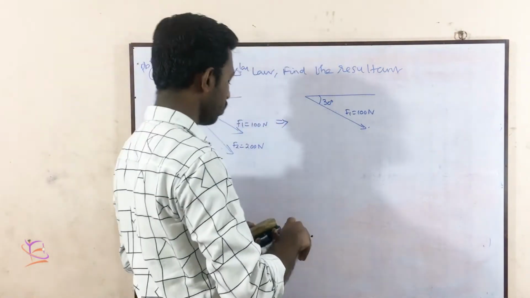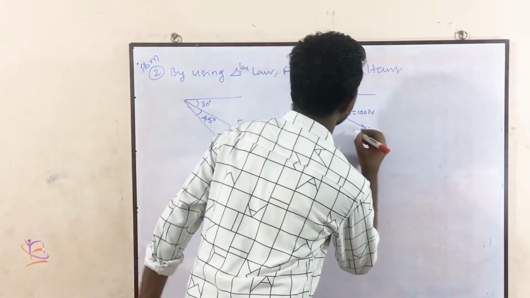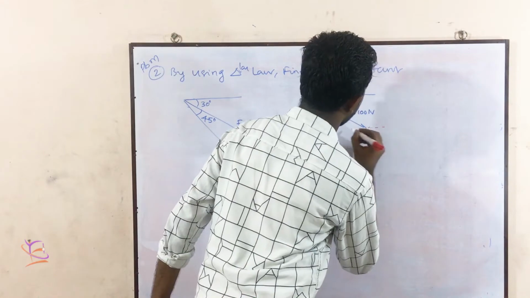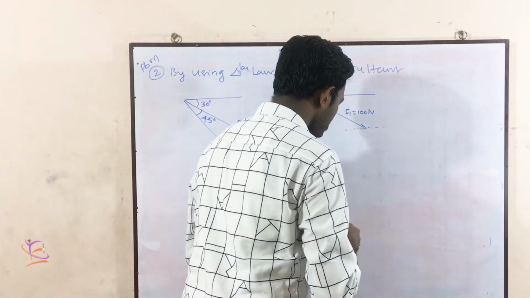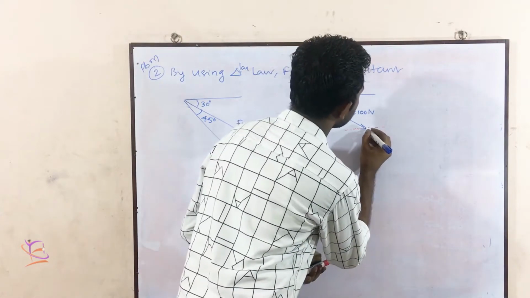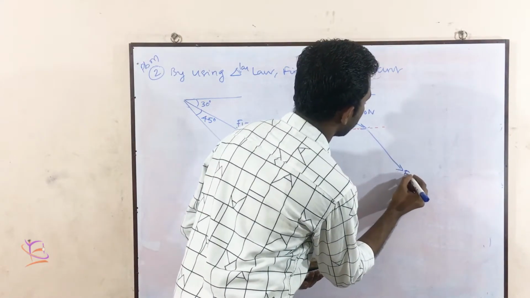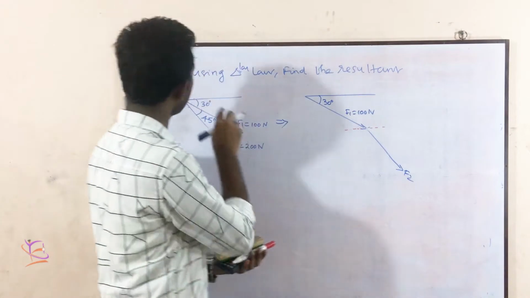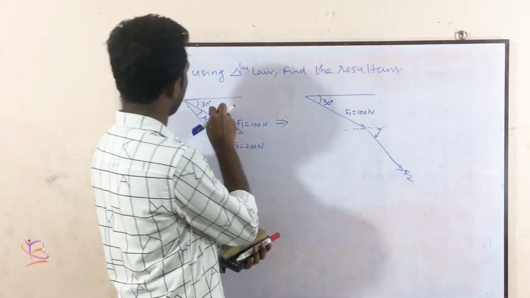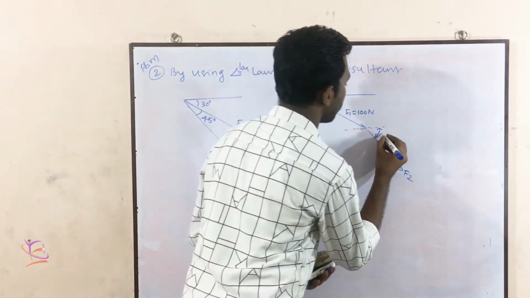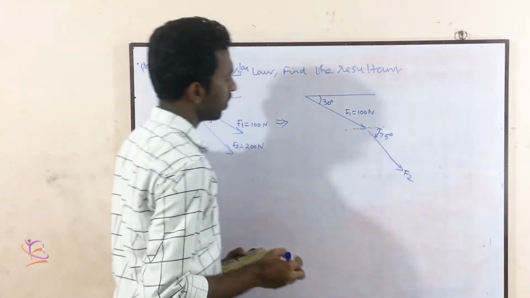So now you have to draw the ground line, and from here draw this force F2. What is the angle of the force? This angle will be 30 plus 45, total angle is 75 degrees.